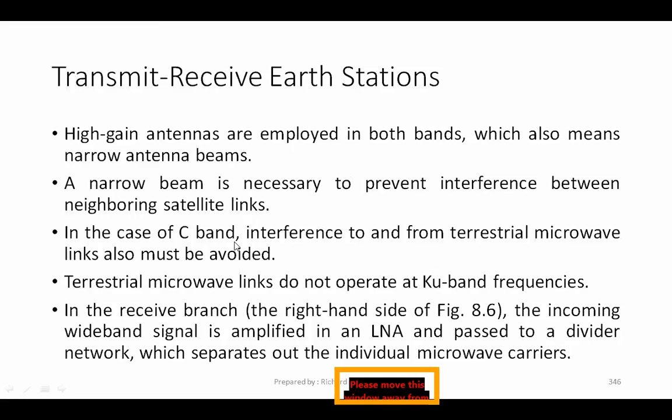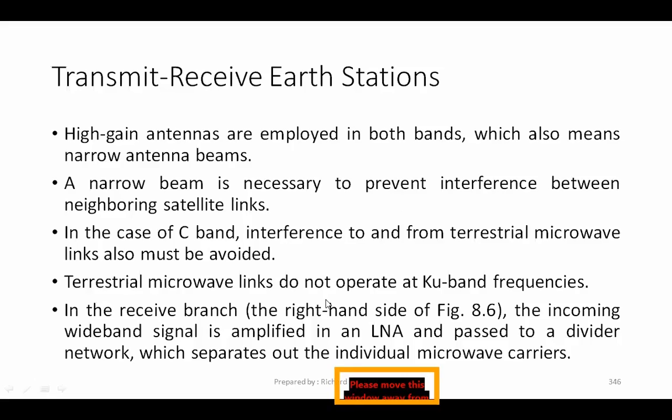In case of C-band, interference to and from terrestrial microwave links also must be avoided. So if C-band is utilized, we have to make sure that the noise signals transmitted from the base station are nullified.